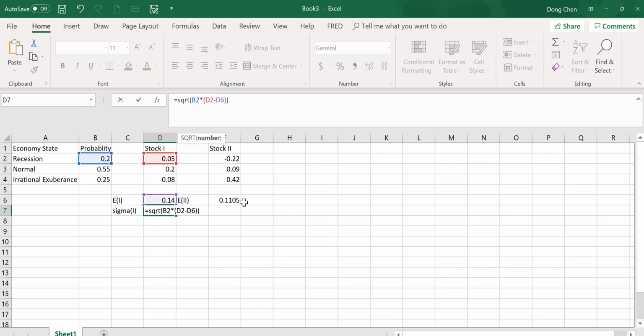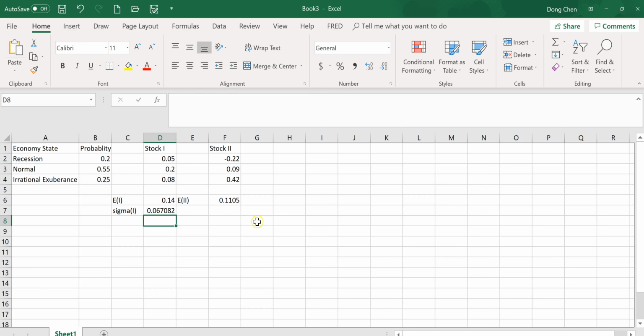Then we take the square of that and go on to the probability under the second state times the squared deviation, the return under the second state minus the expected return, squared, plus the probability under the third state times the squared deviation, the return under the third state minus the expected return, and take the square root of that.